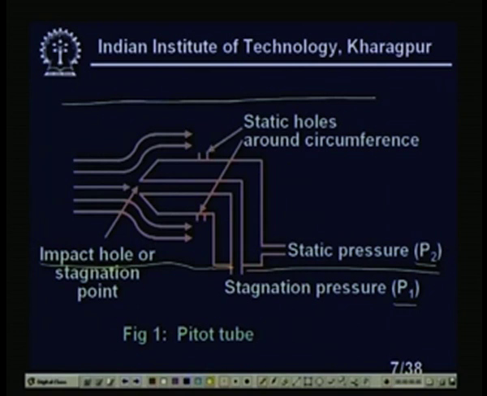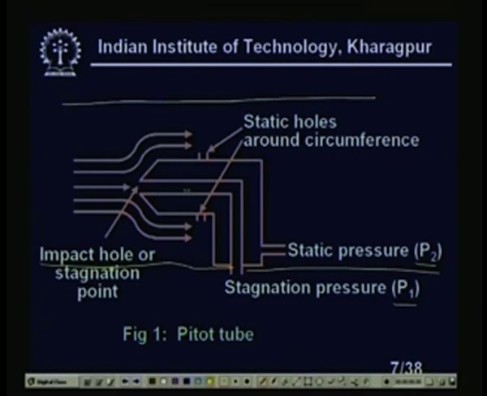So, these static holes, as it happens in the case of venturimeters, this static pressure can be sensed by piezometer rings, that means it is averaging the pressures, and this impact hole or stagnation pressure can be measured by taking out one hole here. So, these two will give you the differential pressure, right.